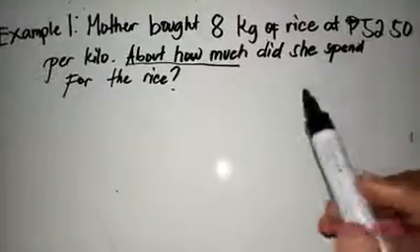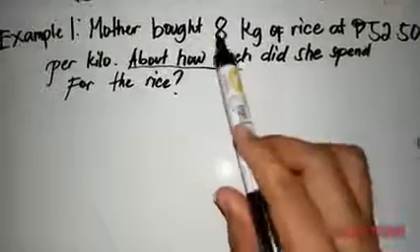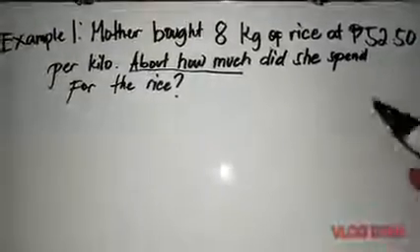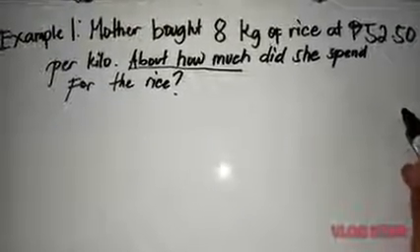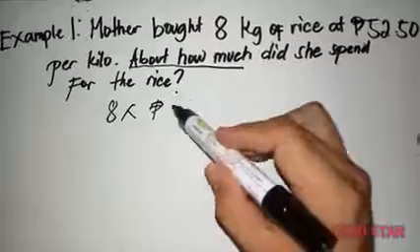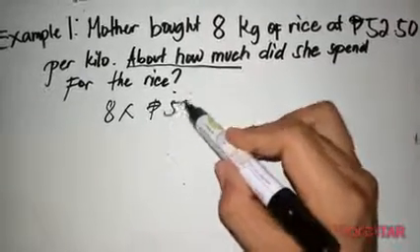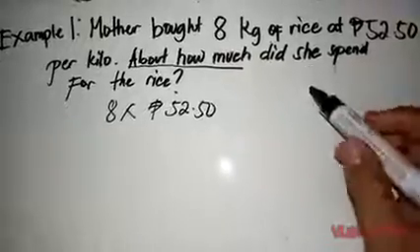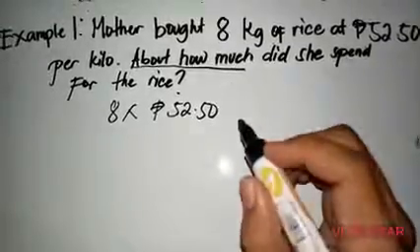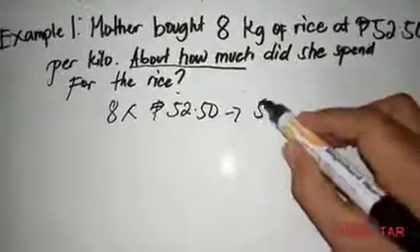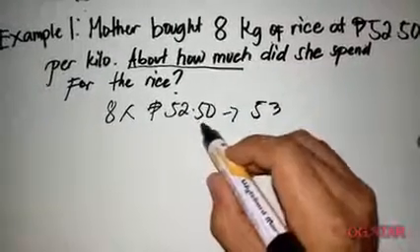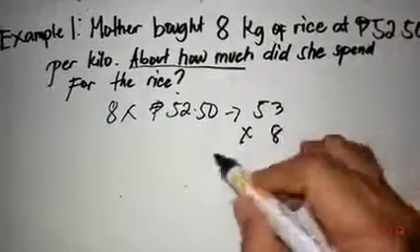So since we need to estimate the product of 8 kg of rice times 52.50 because 52.50 is per kilogram. So 8 times 52.50. We're just going to round it to the nearest whole number. So if you round 52.50 to the nearest whole number, it can be 53 times 8.